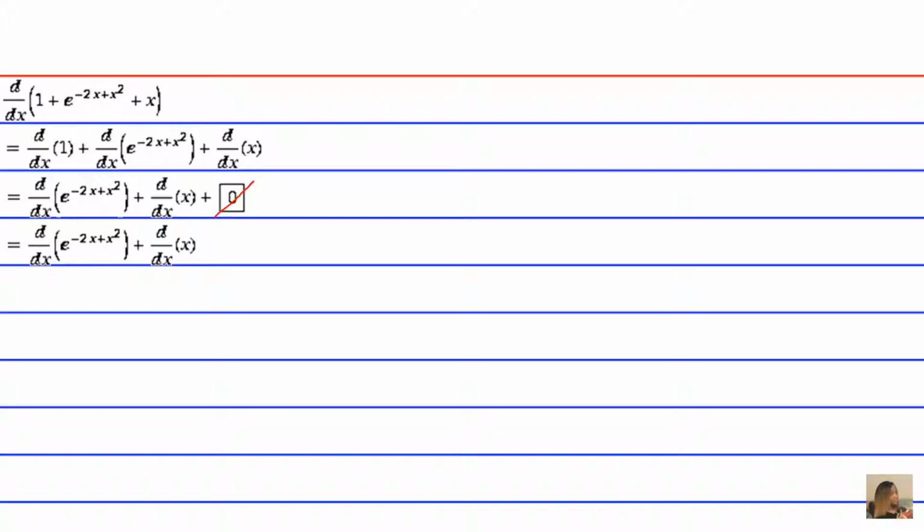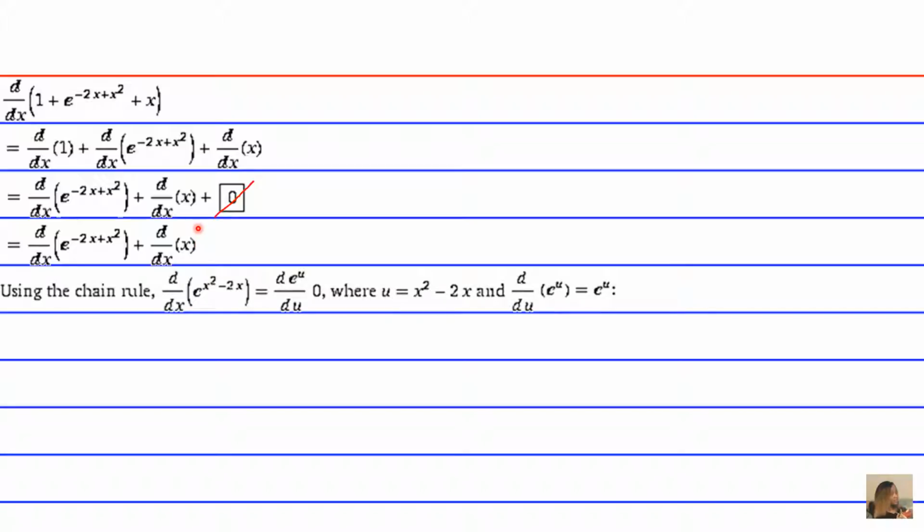So now we're taking the derivative with respect to x of e to the negative 2x plus x squared plus the derivative with respect to x of x. Again, we can simplify this because it's pretty straightforward. If we pretend that this is x raised to the first power, the derivative with respect to x of x just becomes 1, okay?